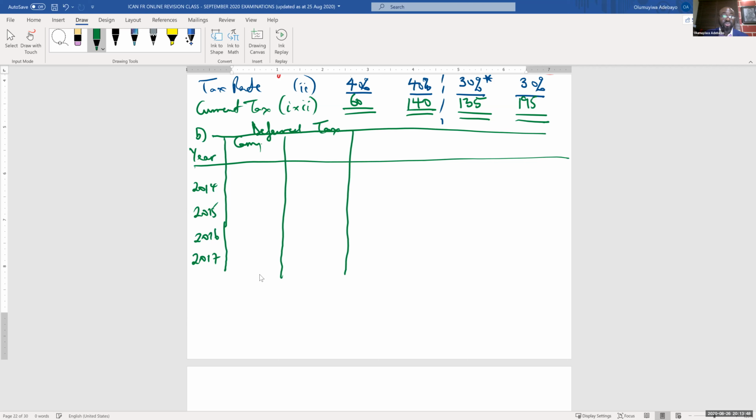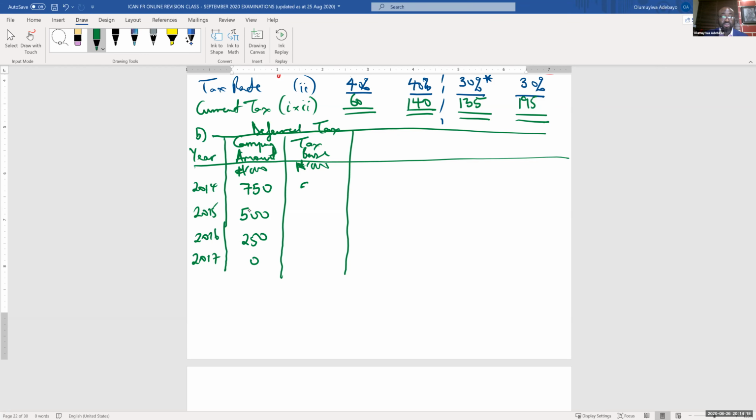We need to compare our carrying amount with our tax base. All figures in thousand. Remember, as computed yesterday, carrying amount was 750 in year 1, 500 in year 2, 250 in year 3, and 0 in year 4.